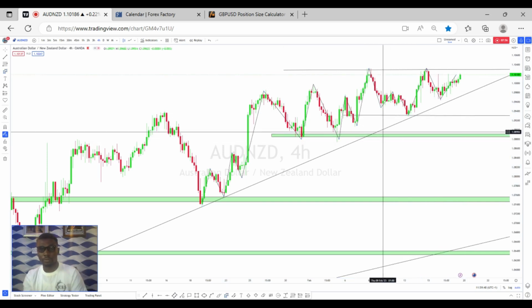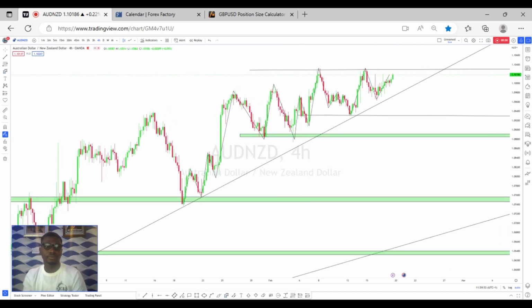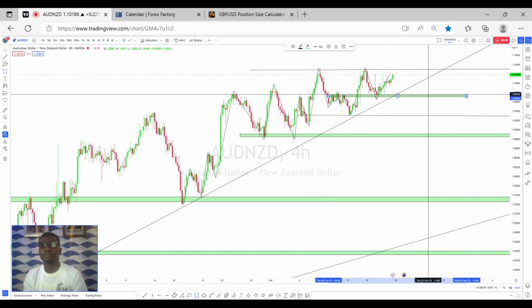From what we can see from this chart, this is another key level.